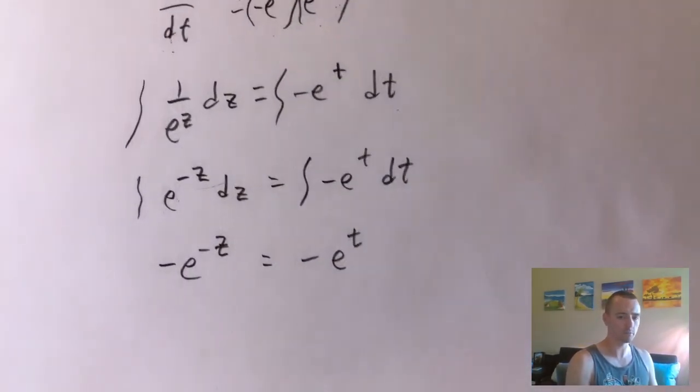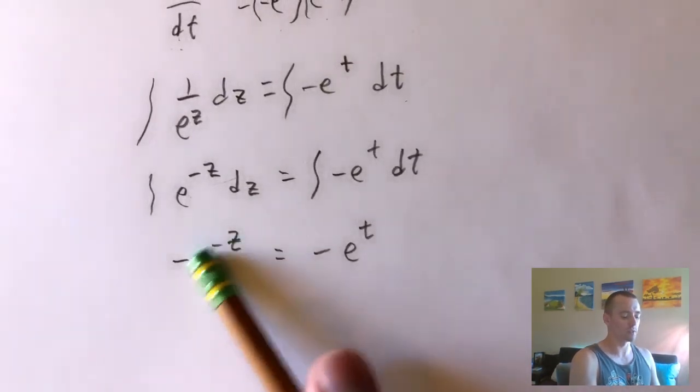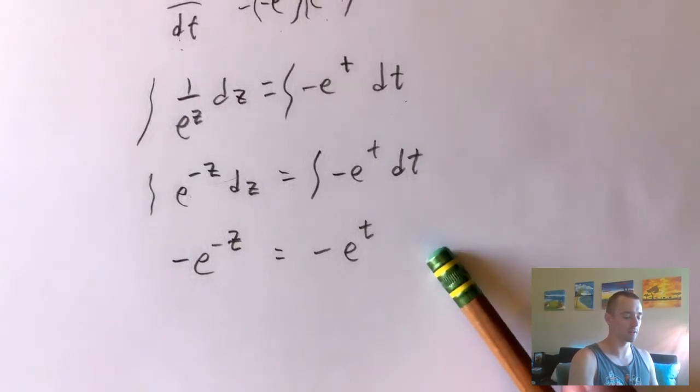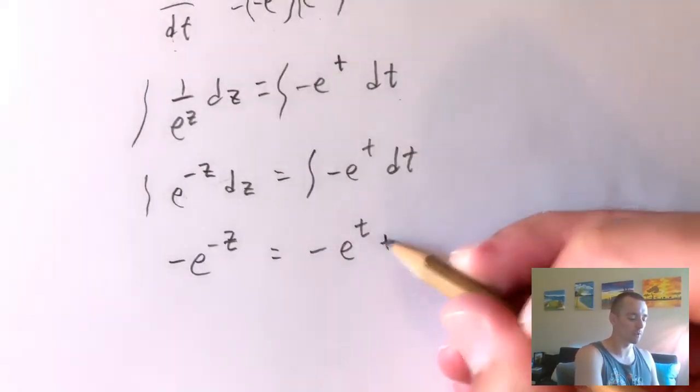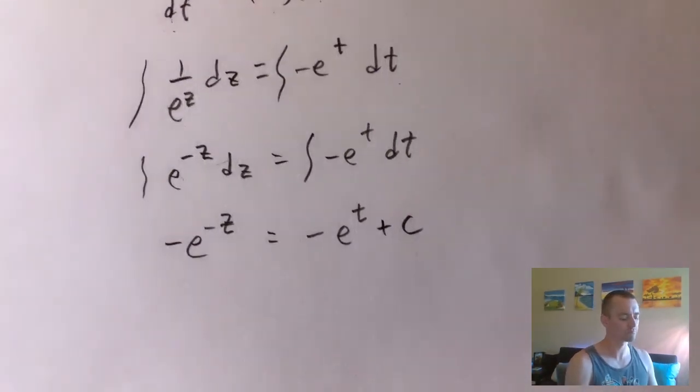So basically, that means we want to get the z by itself, which means we're going to move everything that we can over to this side of the equation. So when we put our plus c, we can just put it on this side. We don't have to do both sides.